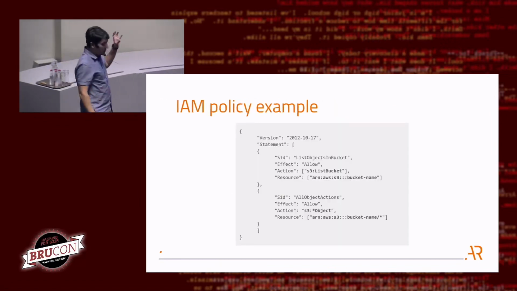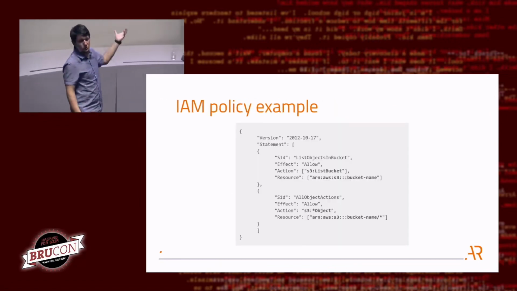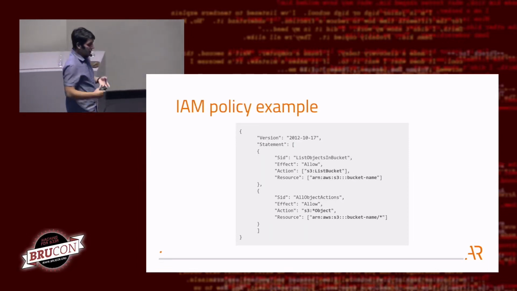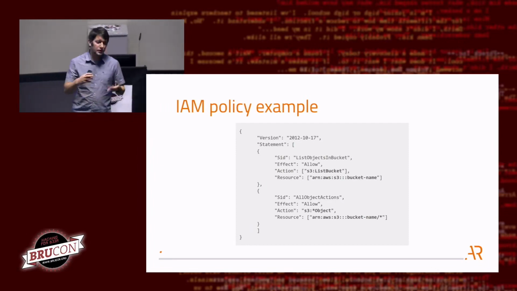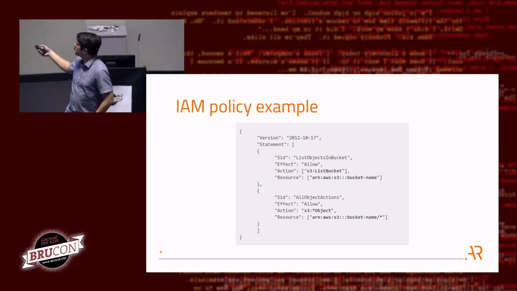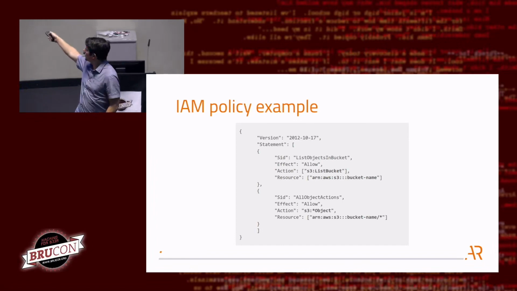And this is how one of the policies that are attached to roles looks like. If you want to grant a user access to list the contents of an S3 bucket, you do it like this.